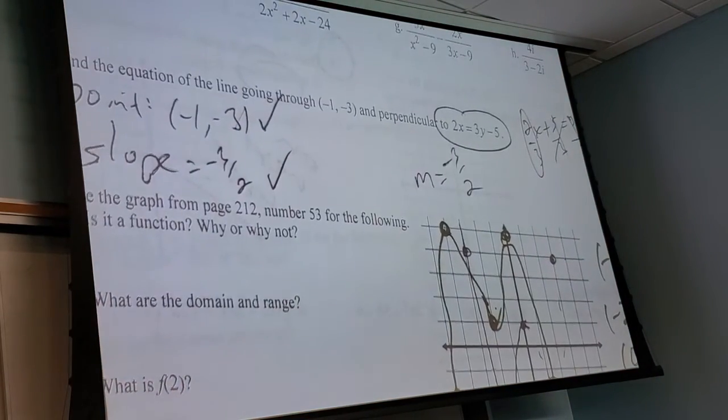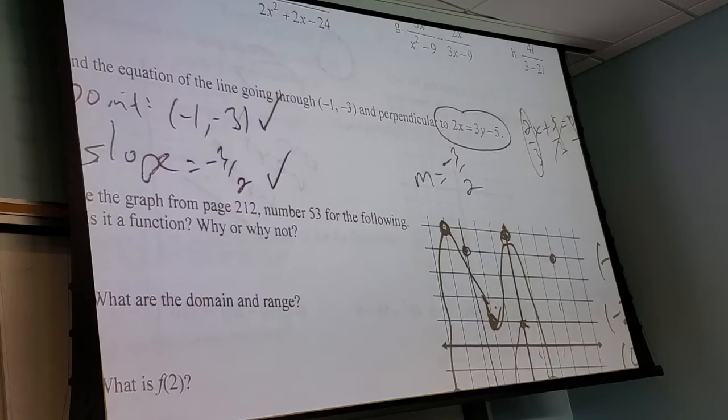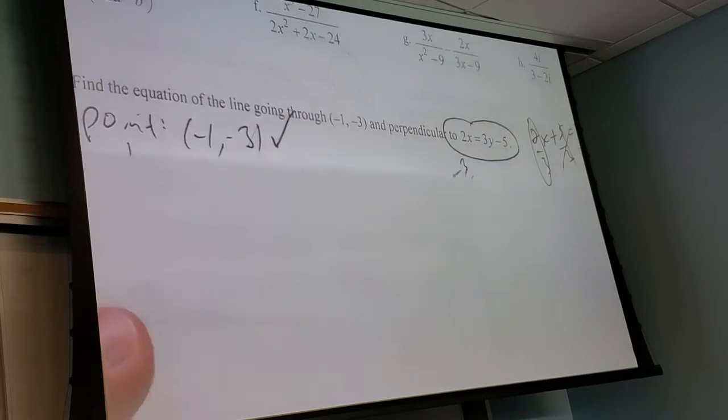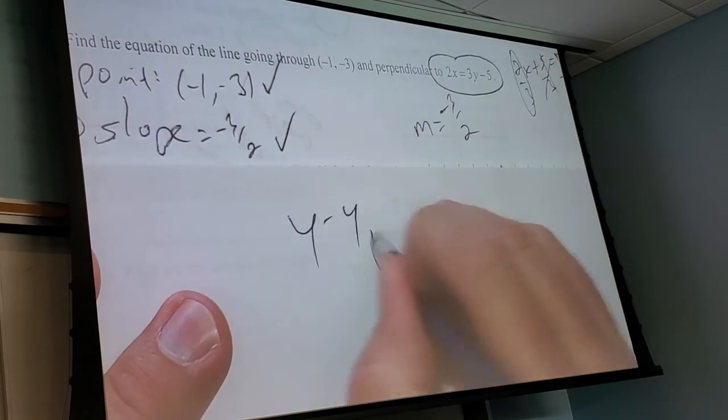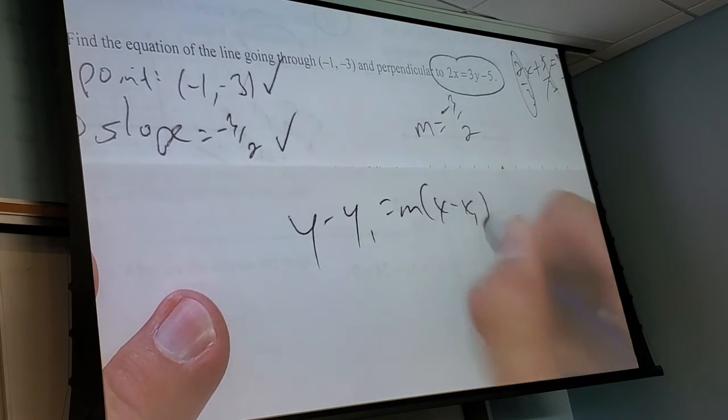And then once I've got a point and the slope, what can I do? I could either do y minus y1 equals m times x minus x1, right?